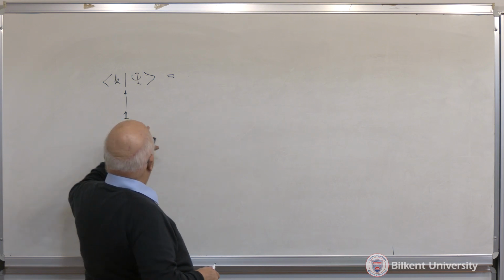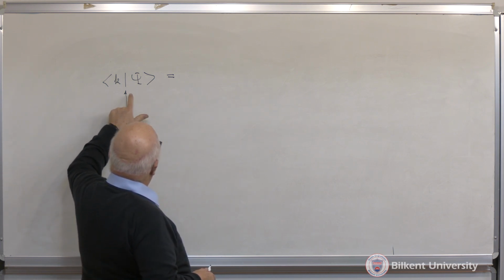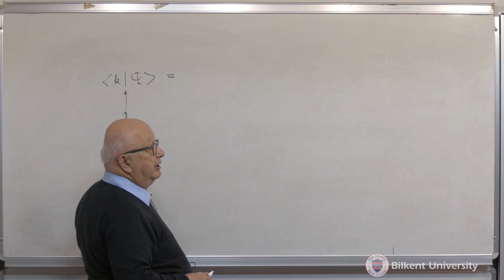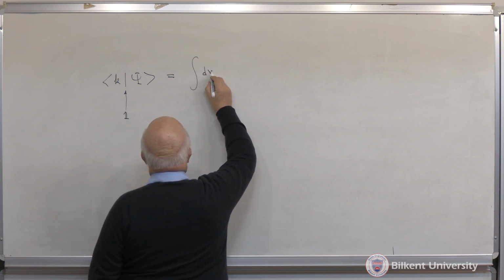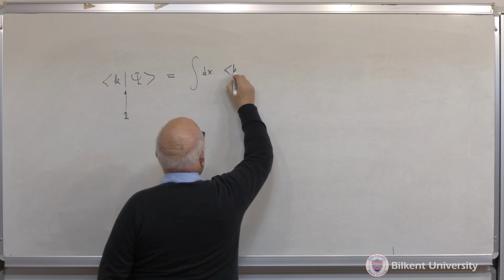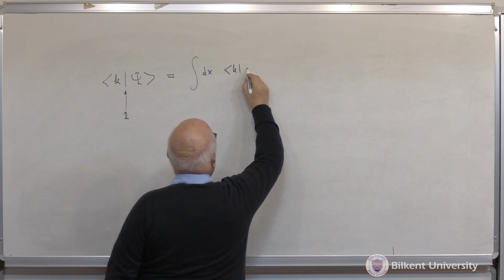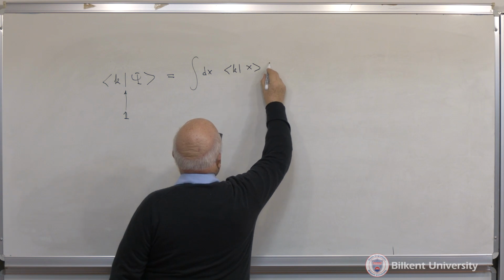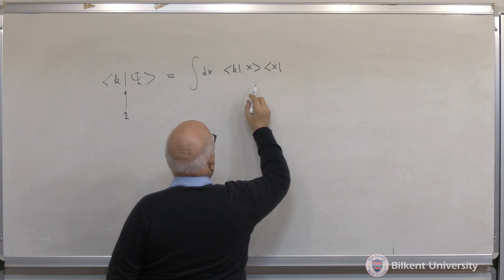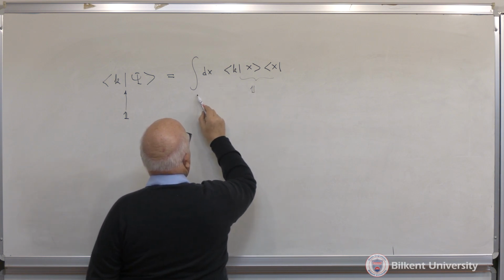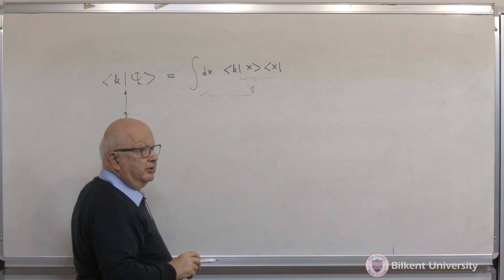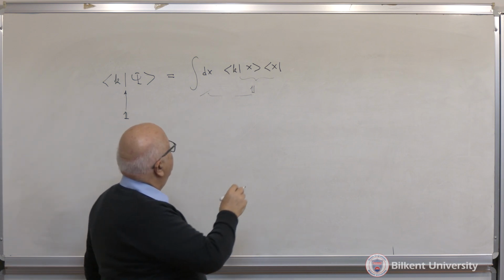What I'm going to do is insert an identity between k and psi, and the identity that I'm going to introduce is the integral dx, with x and x. Remember, this is the identity together with the integral. Then I have psi.